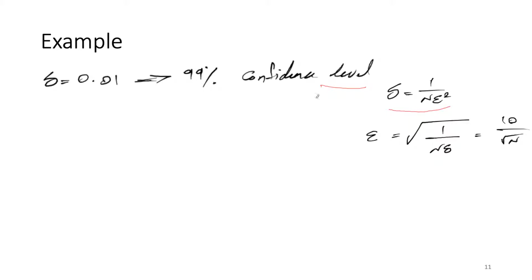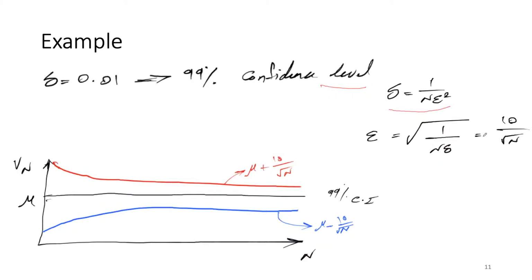And then if you calculate the epsilon using that delta, it's going to be 10 divided by the square root of n.